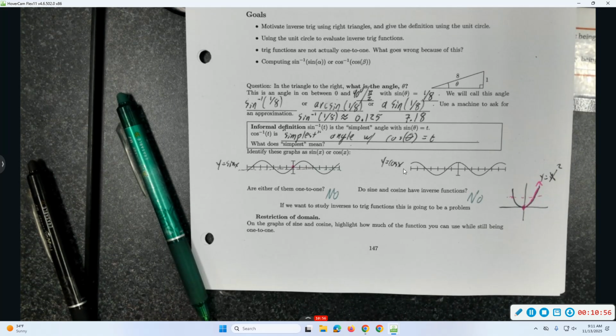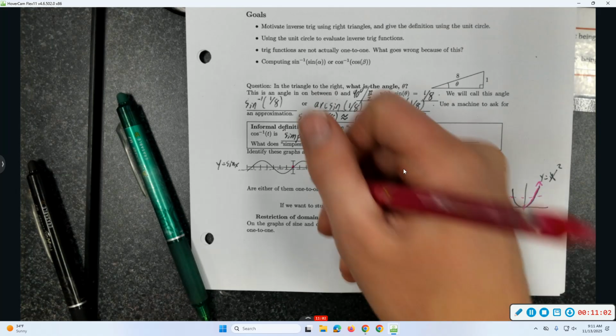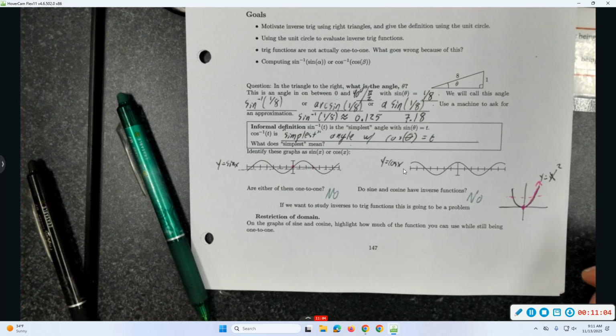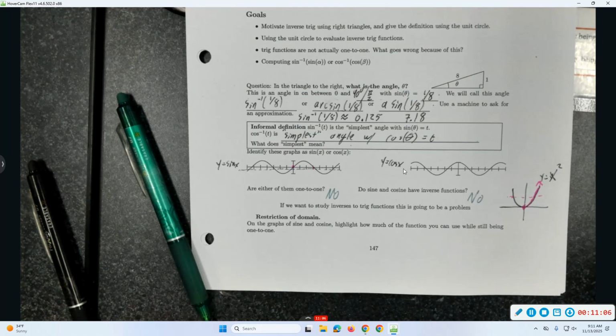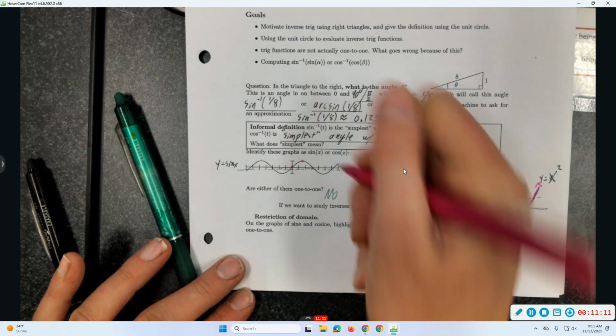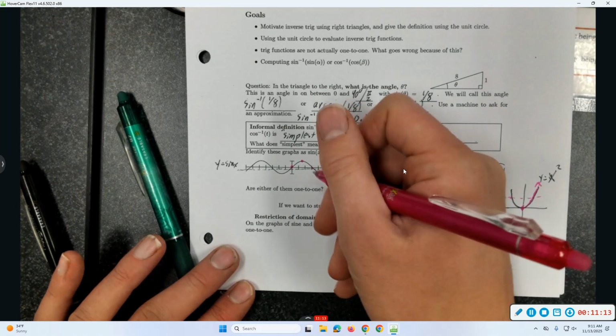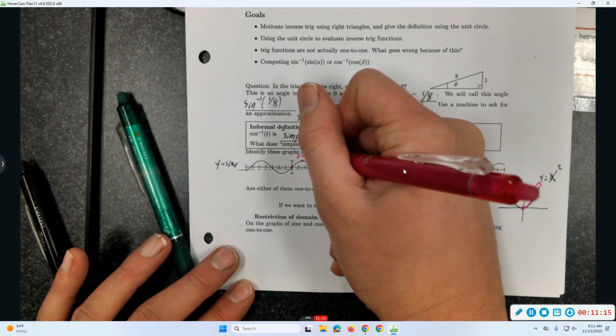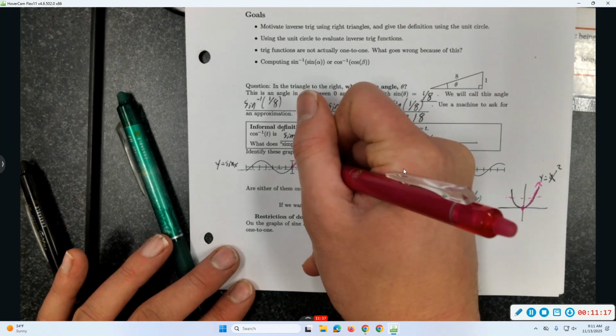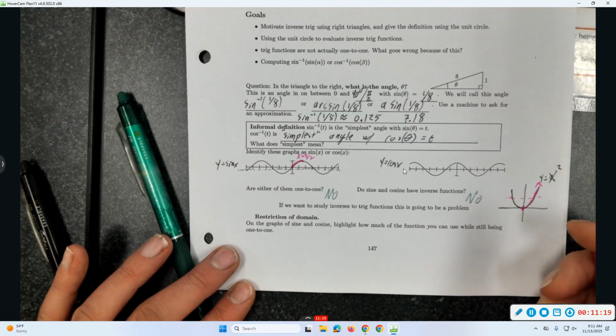I disagree with pi. No, pi's too far, because pi's like there. Half pi. The max of sine happens at pi over 2. That points at x equal to pi over 2. You can go up that far before it stops being 1-to-1.